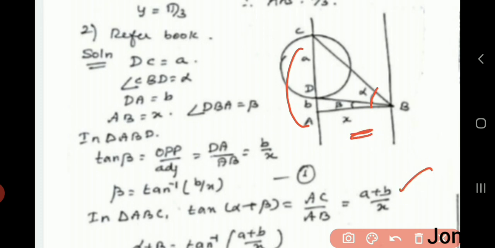In that triangle we have the full angle alpha plus beta, so take tan of alpha plus beta equal to, opposite side is nothing but this one, a plus b, and adjacent side is x now, so a plus b by x.